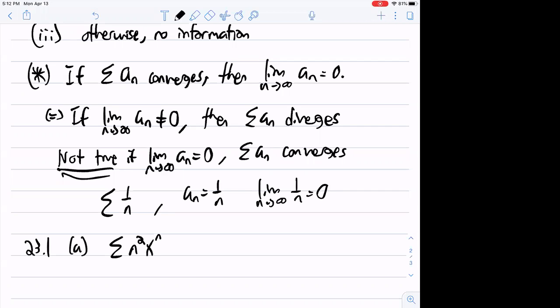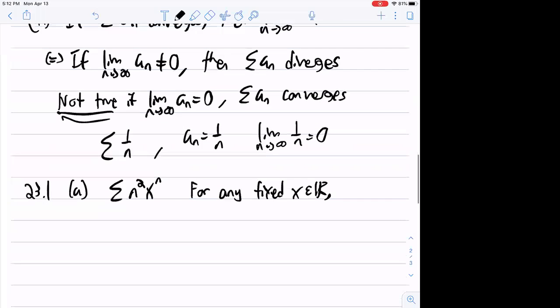Basically how you would do this is you say, I know that for any fixed x in R, what is this limit? If you think of x as a number, what is this limit?